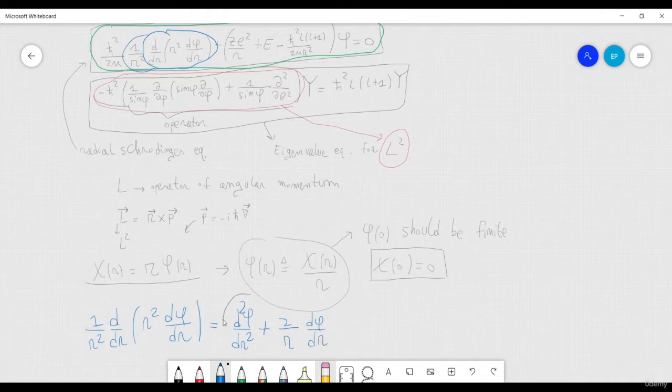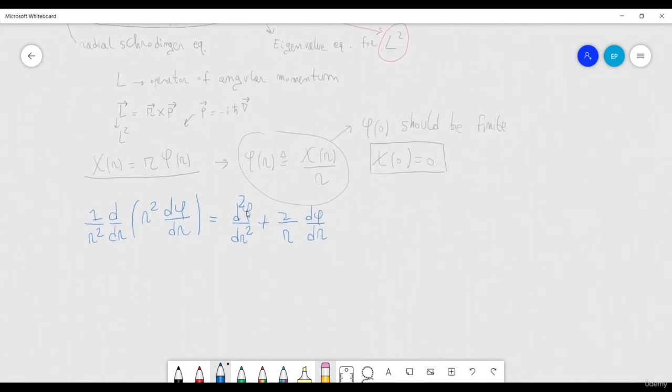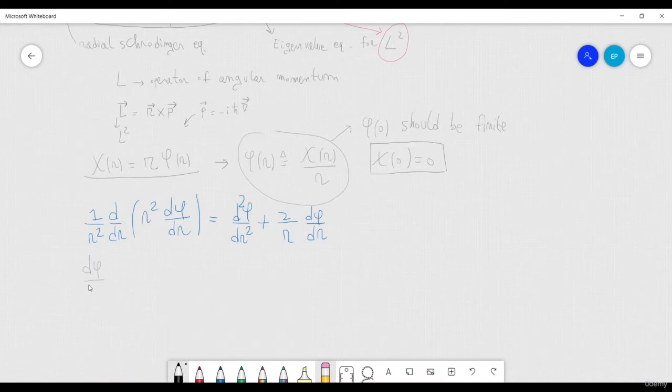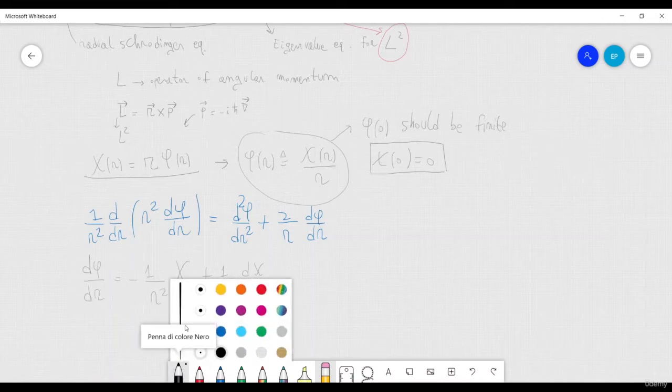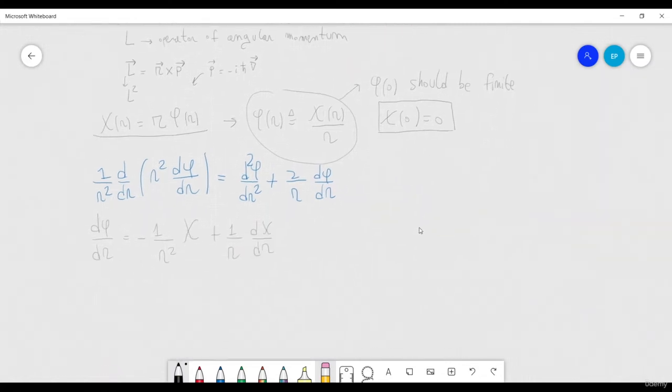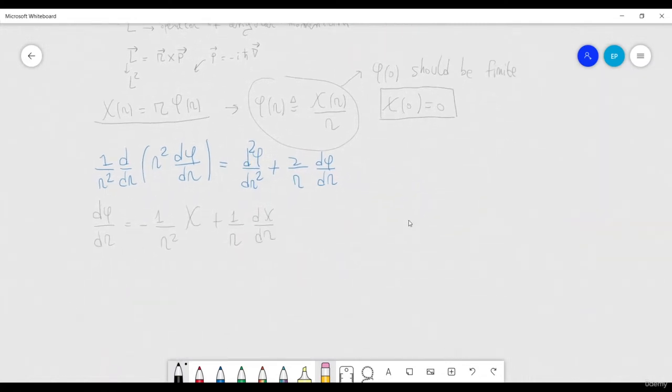So we have to calculate the second derivative and also this first derivative, but we have to substitute this expression here. Okay, so let me do it down below. It is a simple exercise, but I will do it. d phi over dr is equal to minus 1 over r squared times chi plus 1 over r d chi over dr. Now let me thicken my lines here, so I'm going to try to make my handwriting more clear.